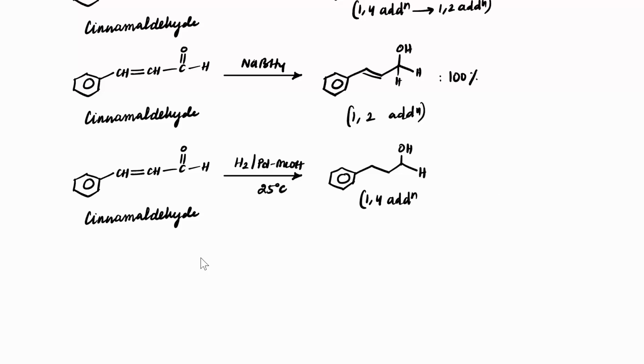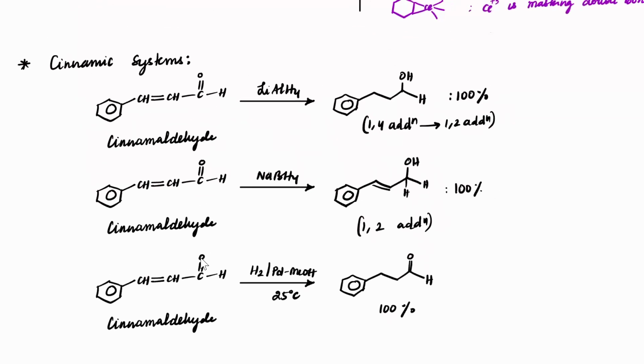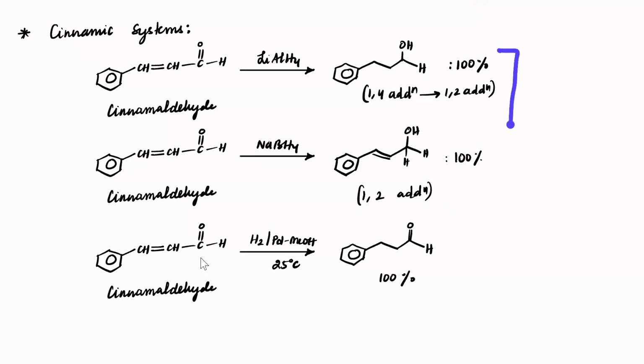Sorry, only give you 1,2 addition, but that too at alkene. It will not disturb this alcohol at all. So this is a product formed, 100% only this product.